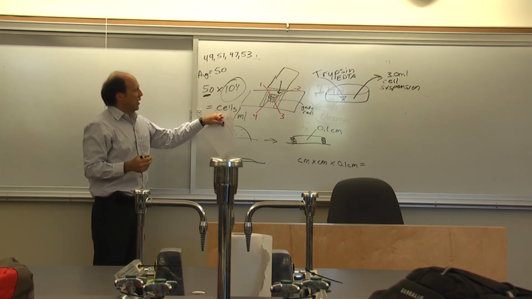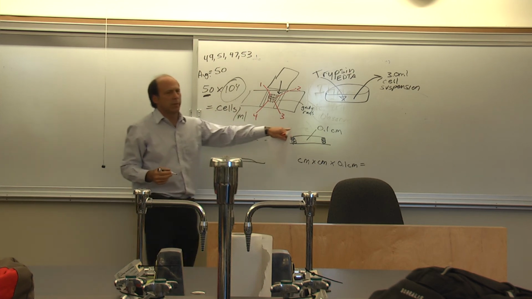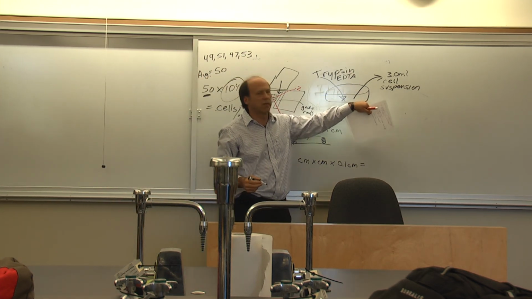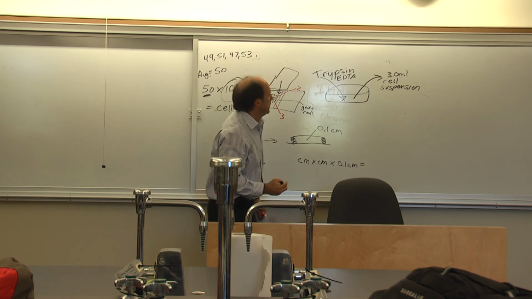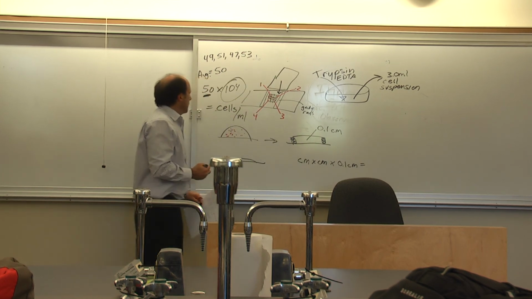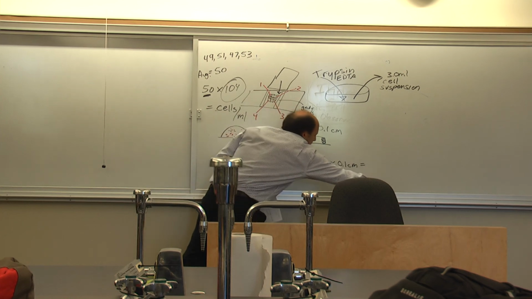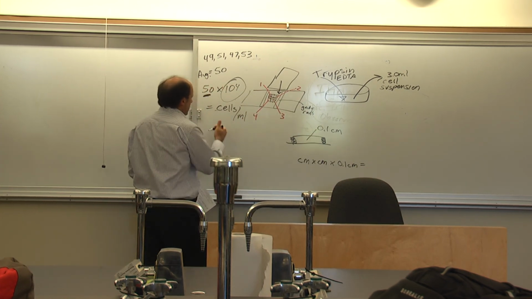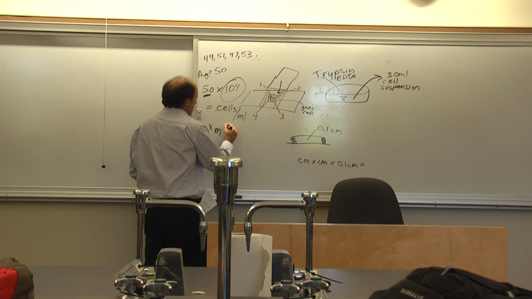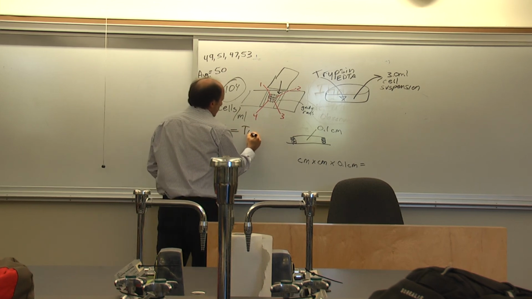So if you know those cells per mil, you have to multiply by 3 to get the total number of cells in that vessel. So cells per mil, and then times ml is equal to total cells.